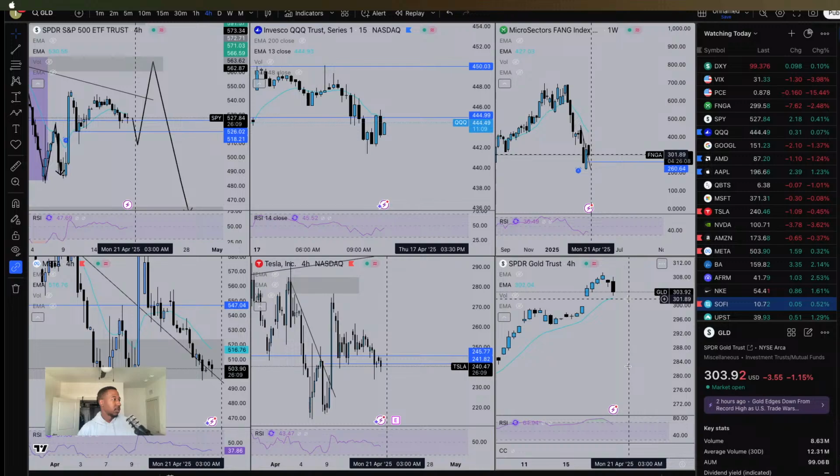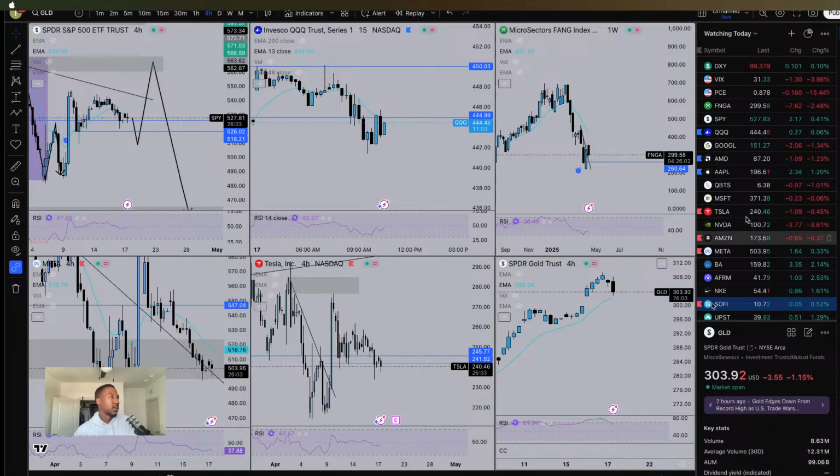I would imagine it finds support here. There is a gap to fill, but I see this 13 EMA right here, so I don't know. Yeah, Derive has calls on gold as well. They got like 308 calls on gold that expire on Monday. That's a scalp trade though, just saying.